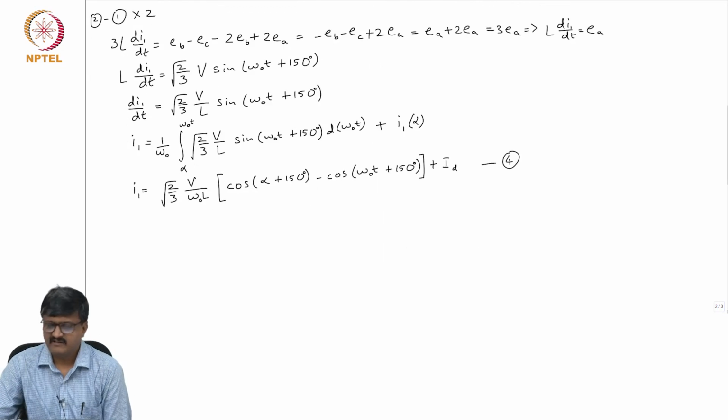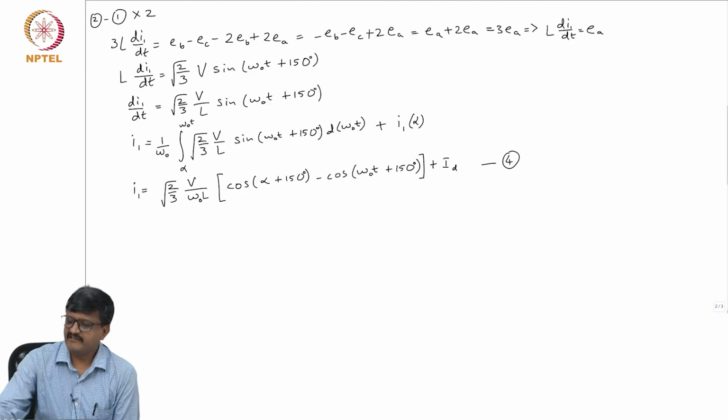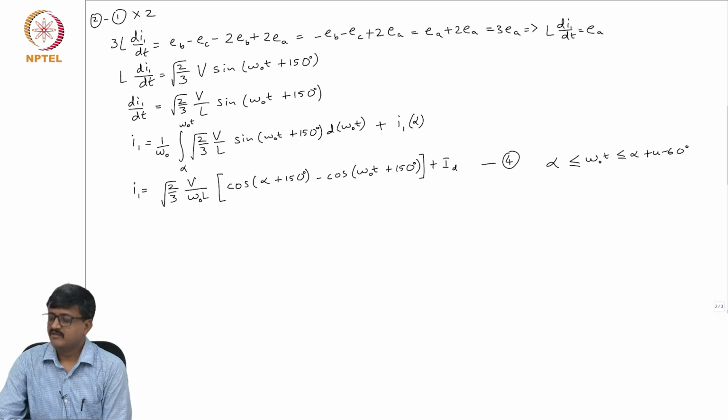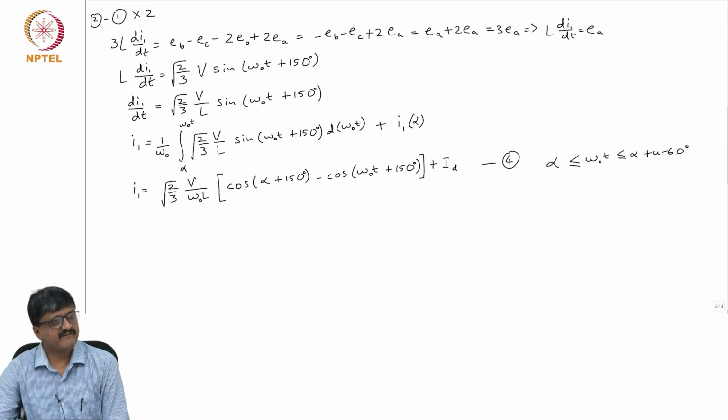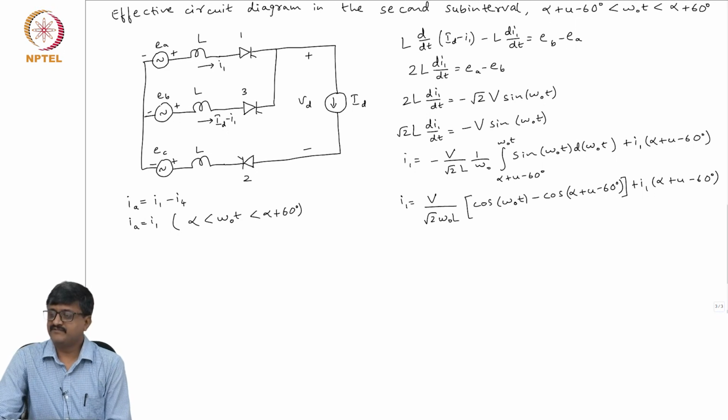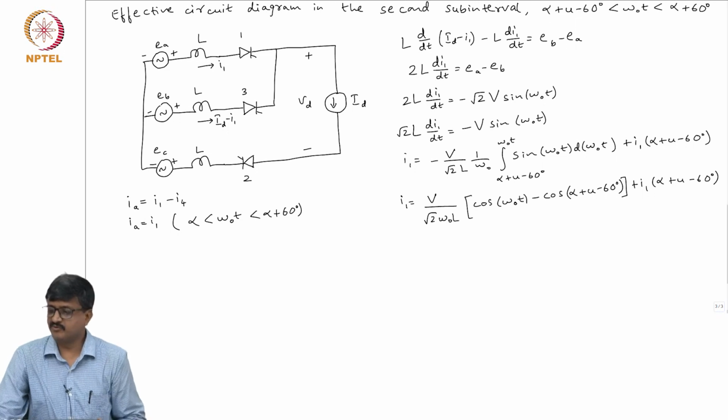Similarly, the expression for I1 given by equation 4 is applicable for omega ot greater than or equal to alpha and less than or equal to alpha plus u minus 60 degrees. So, I use equation 4, which is applicable even for alpha plus u minus 60 degrees, and get the expression for I1 at alpha plus u minus 60 degrees.